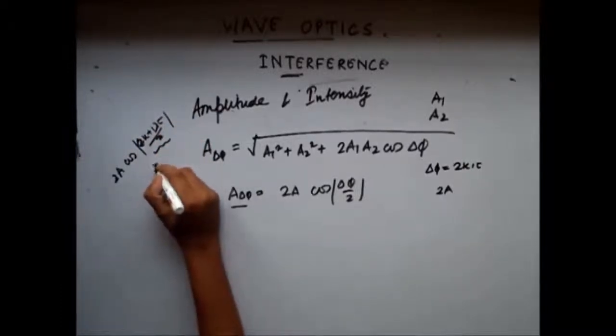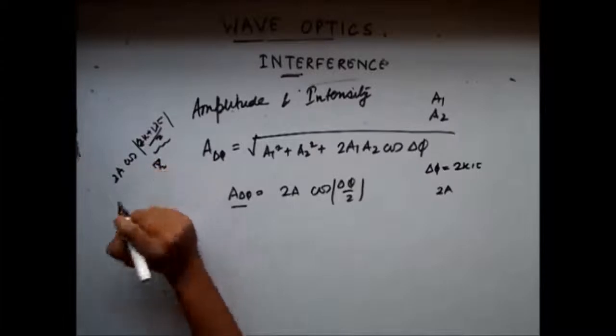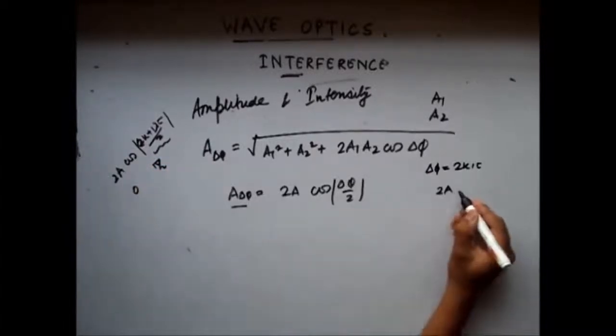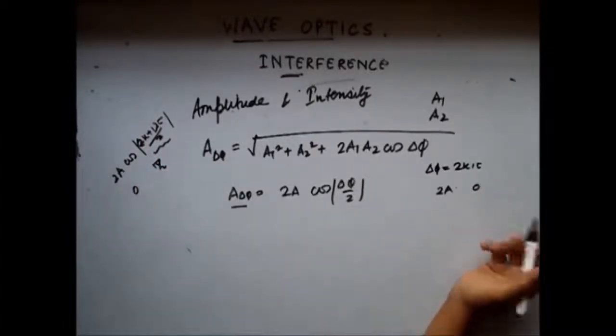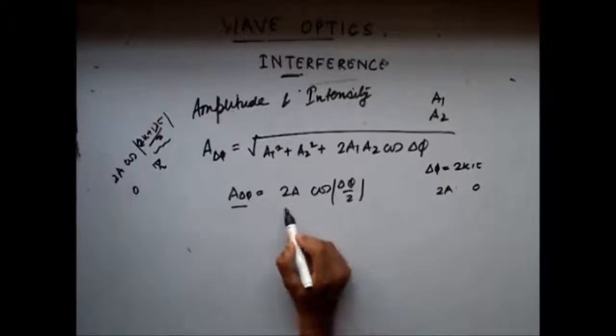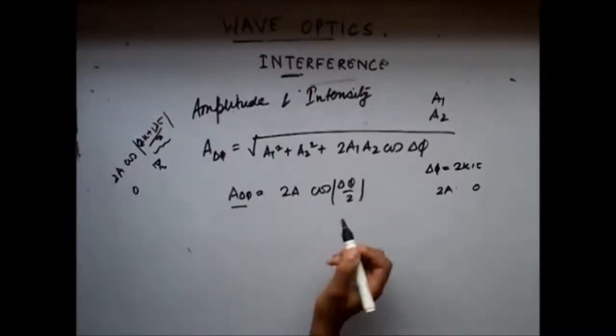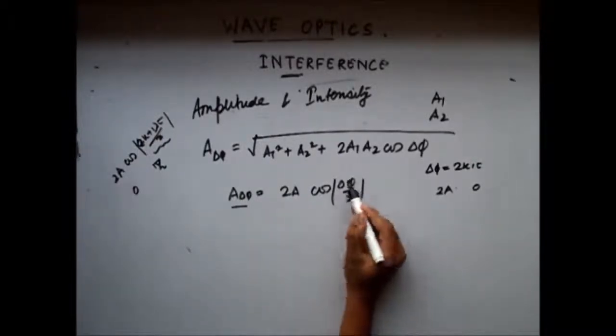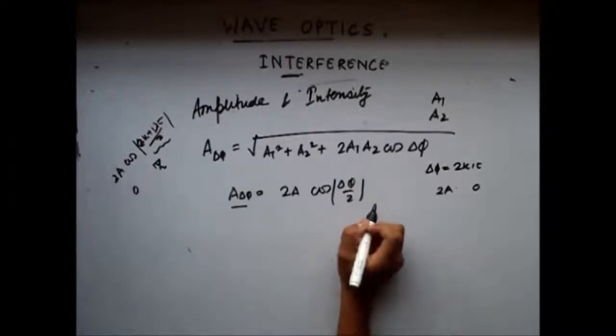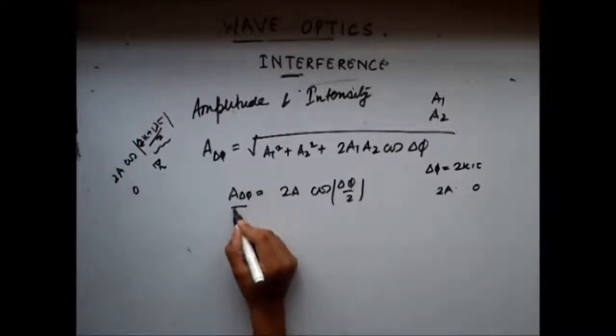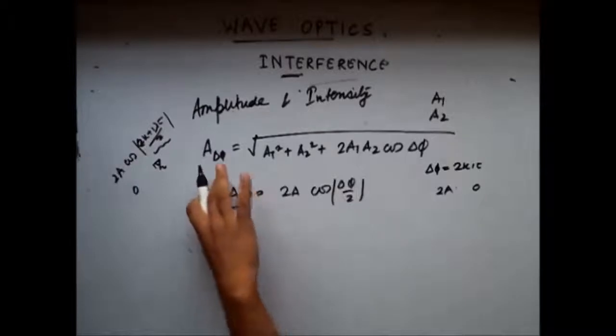This is an odd multiple of pi by 2, so the cosine of this angle is 0, and the amplitude is 0. From this equation I can find the resultant amplitude for any given value of phase difference. This was all about resultant amplitude.